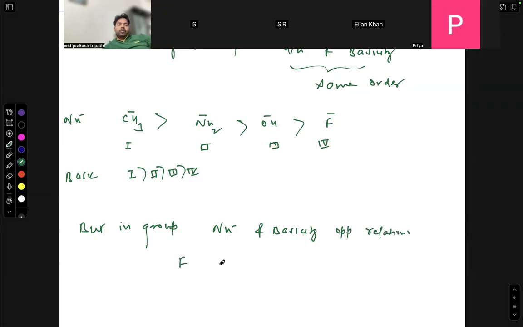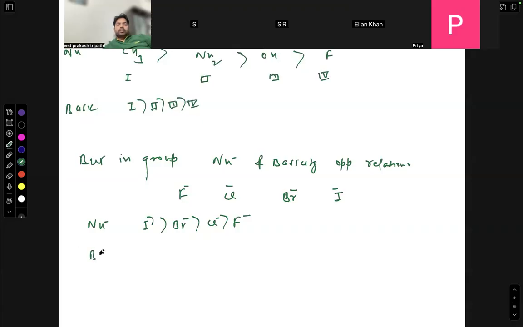So suppose we have fluorine, chlorine, bromine and iodine, and we have to arrange them in order of basicity and nucleophilicity. So nucleophilicity means iodine is better than Br, then Cl, then F. But basic strength is just opposite: fluorine, then chlorine, then bromine, then iodine. Make sense? Please tell me, everyone.